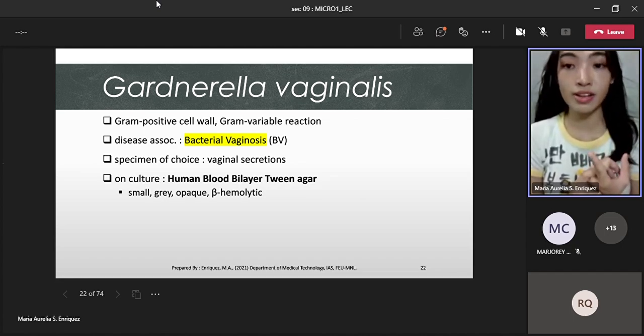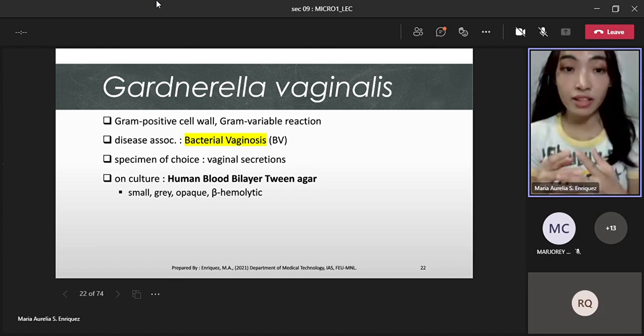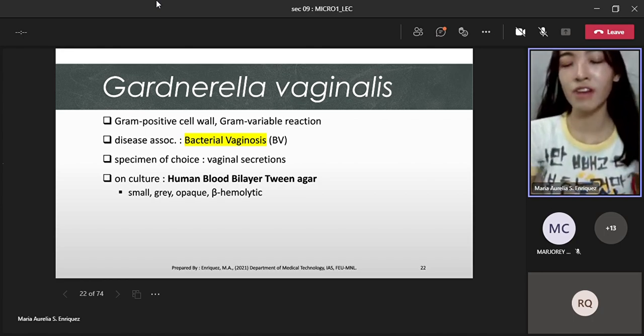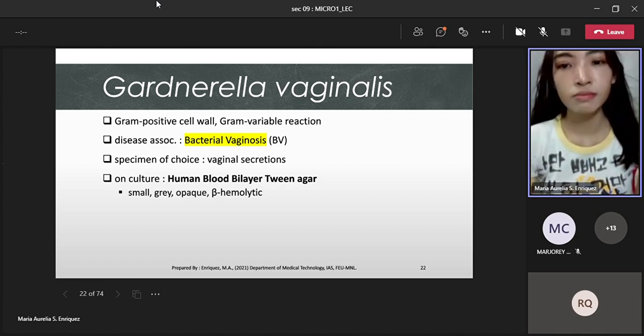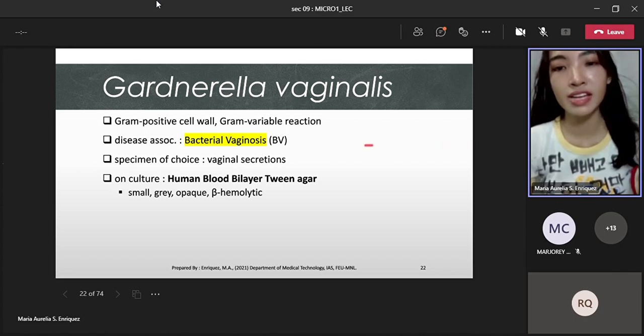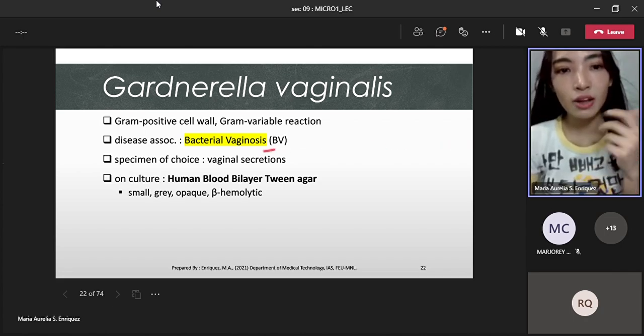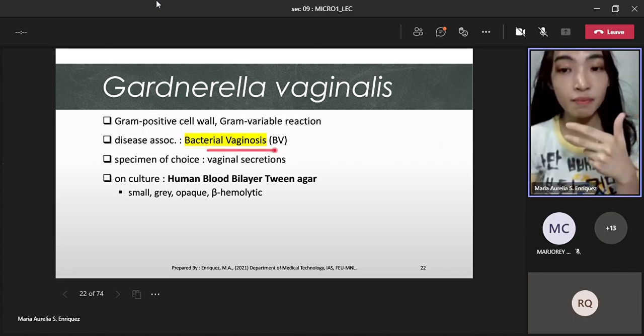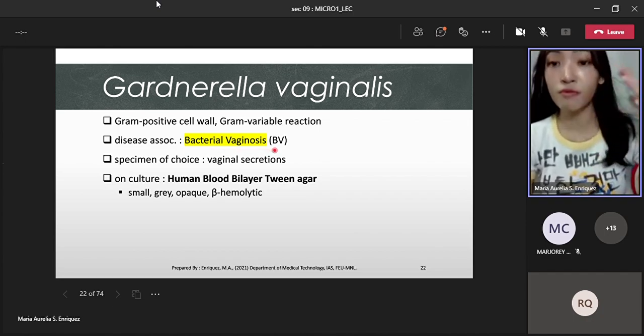But there are other organisms such as Prevotella or Peptostreptococcus or Porphyromonas and Mobiluncus that could work together to produce bacterial vaginosis. Okay? So this is characterized by malodorous discharge and a vaginal pH that is greater than 4.5.